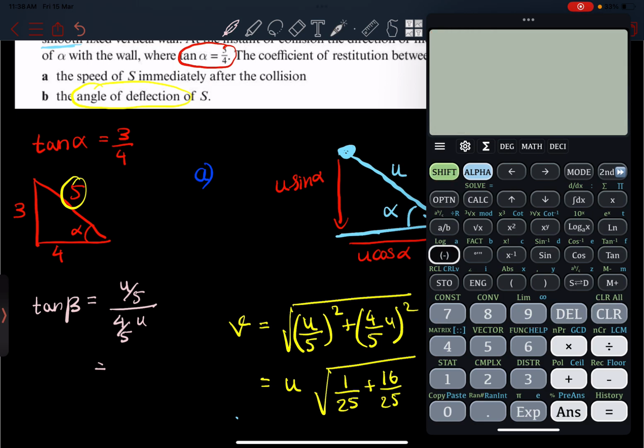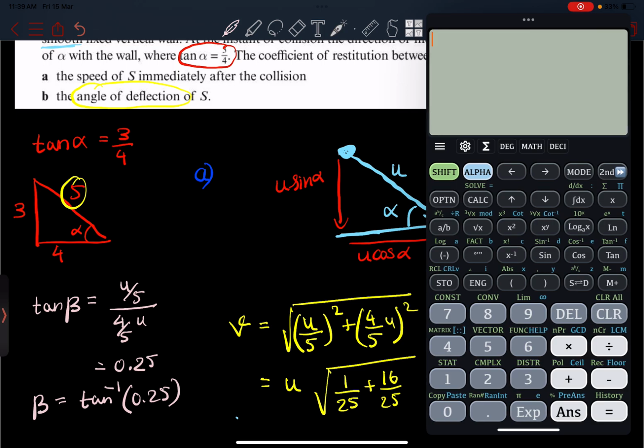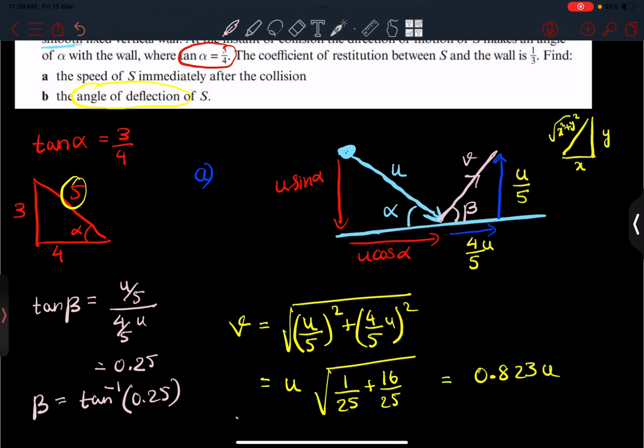So beta is equal to tan inverse 0.25, which is 14.03.